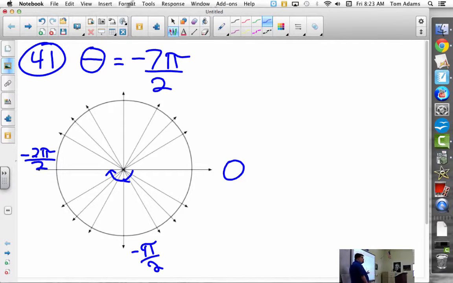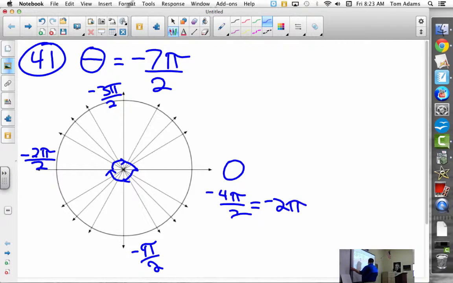So every quarter, every 90 degrees is a half pi. We're counting by 90 degrees. So from here to here is negative 3 pi over 2. And then 1 complete revolution is negative 4 pi over 2. And just to verify and double check, that's the same as negative 2 pi, right?